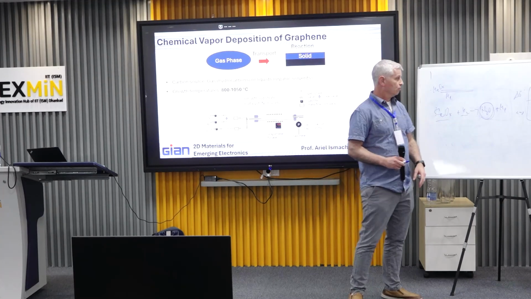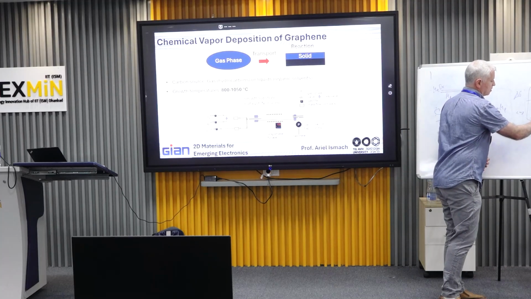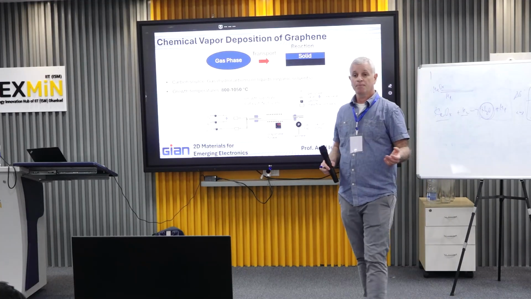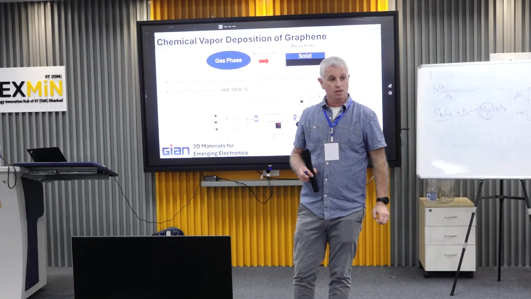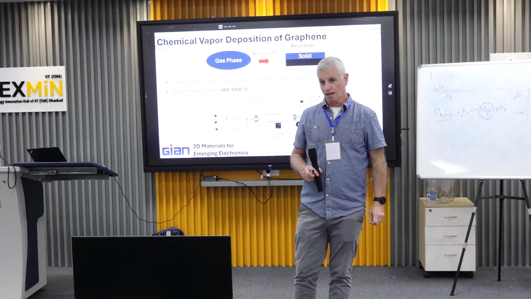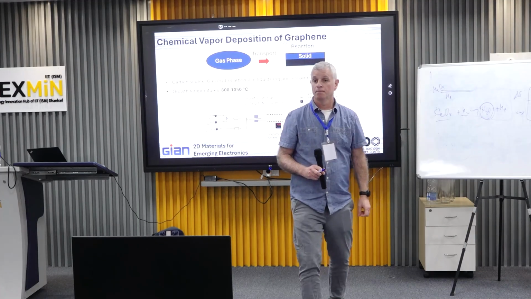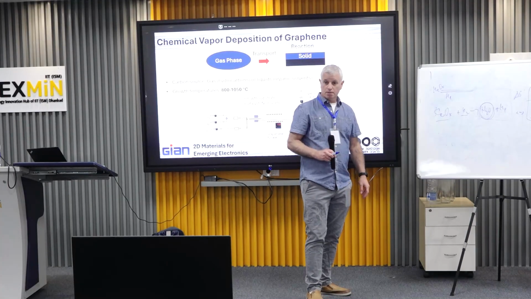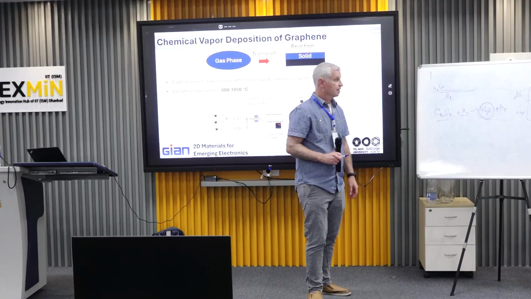For example, if you want to use iridium, okay? Iridium oxide is somewhere very, very low. Why iridium? Iridium has very low solubility of carbon as well, like copper. And people have grown graphene on iridium in UHV systems, the high vacuum systems.